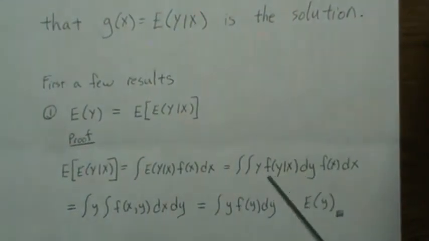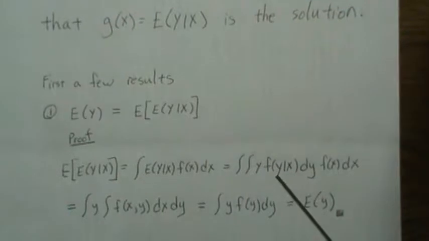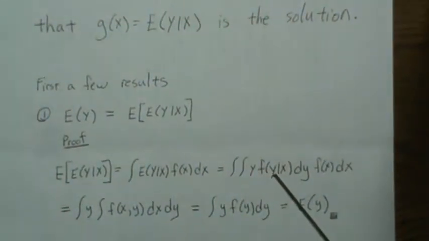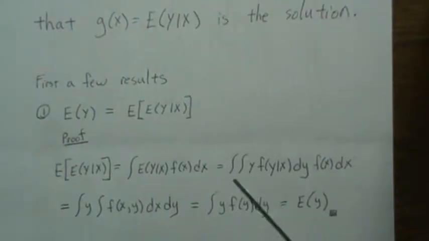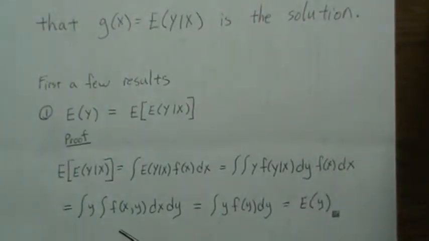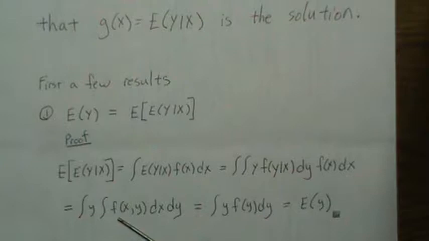Well, f of x and this can combine to just be f of xy. And then if we switch the order of integration of x and y, then we get this piece here. So the y is outside. We have f of xy dx. But when you integrate out x, you just get f of y. And then integrating y f of y dy is just the expected value of y.